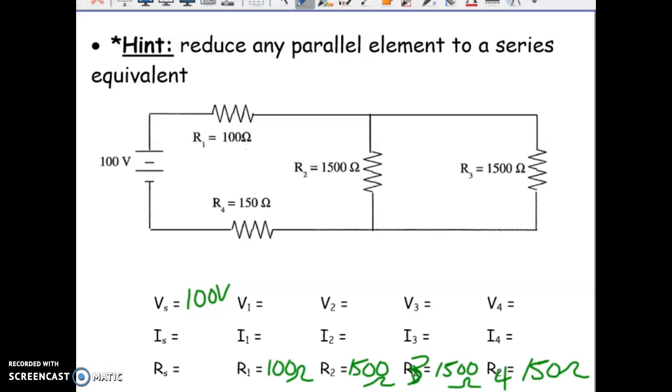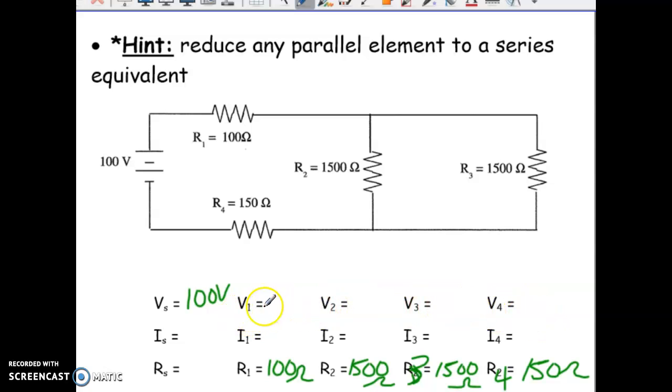Okay, all right, so what we're going to do is we first have to solve for the RS, because once we have RS, remember that anytime you have 2 out of the 3 pieces of information, we can solve for the third one. So once we have RS, we can solve for IS. So you're probably wondering, well, why can't we do these voltages?